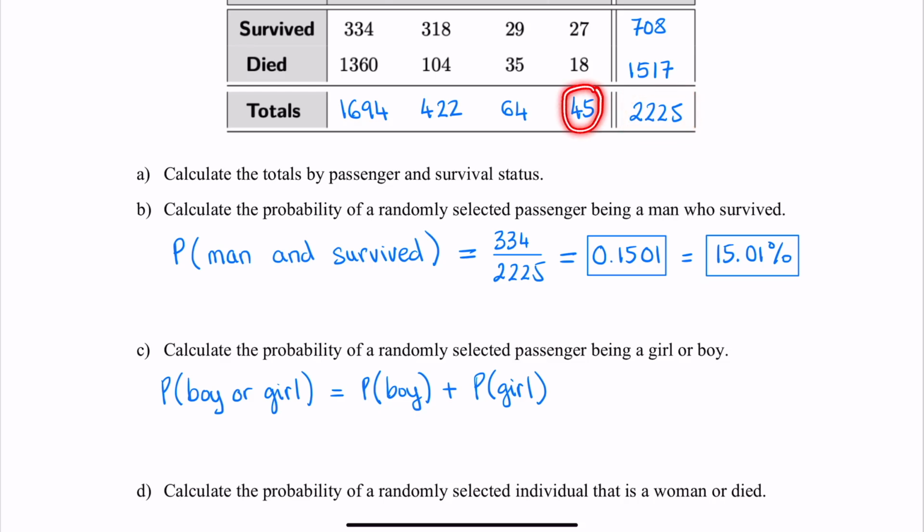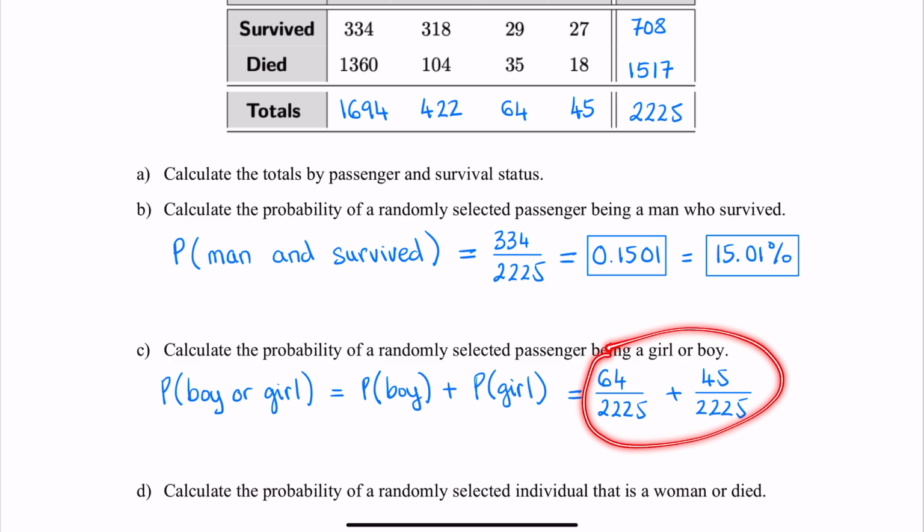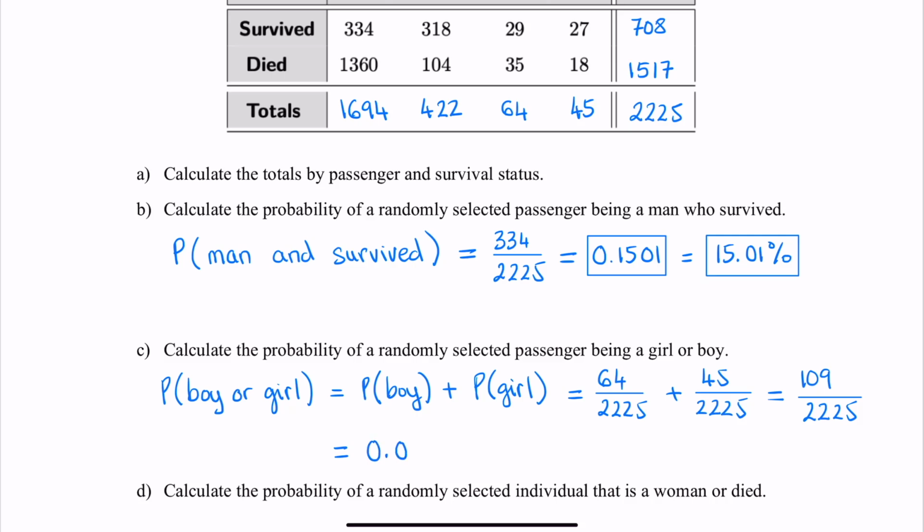And there is a total of 45 girls. The probability of being a girl is 45 over 2225. Together, we will have 109 over 2225. And 109 divided by 2,225 is 0.049 or 4.9%.